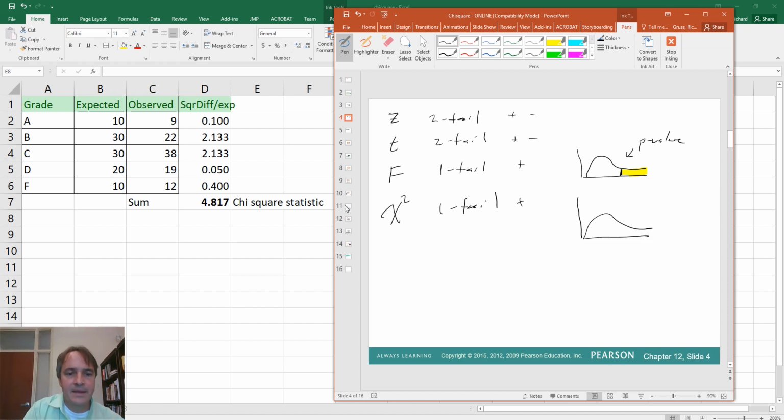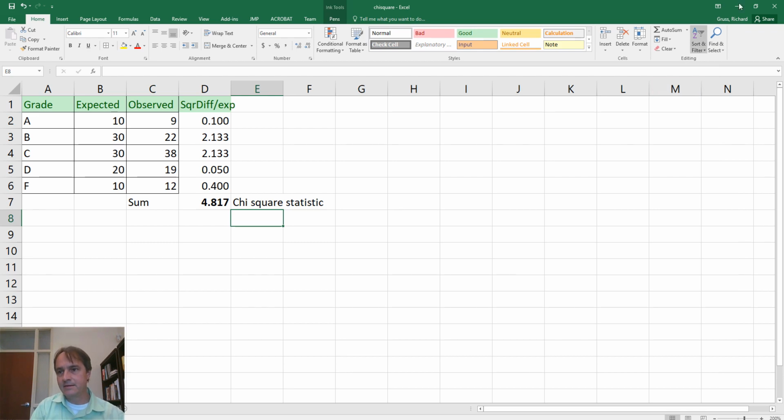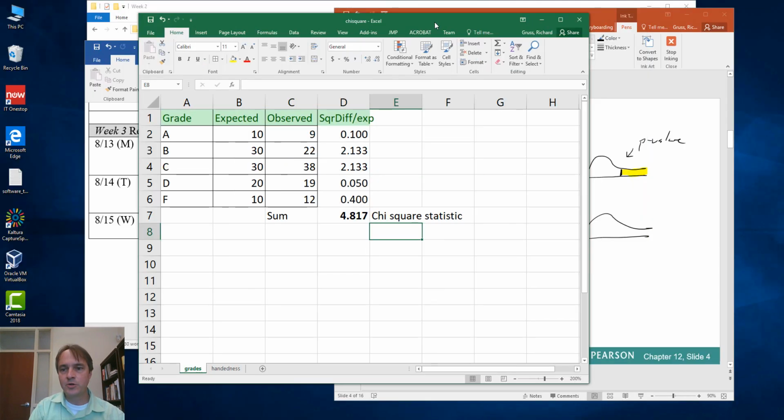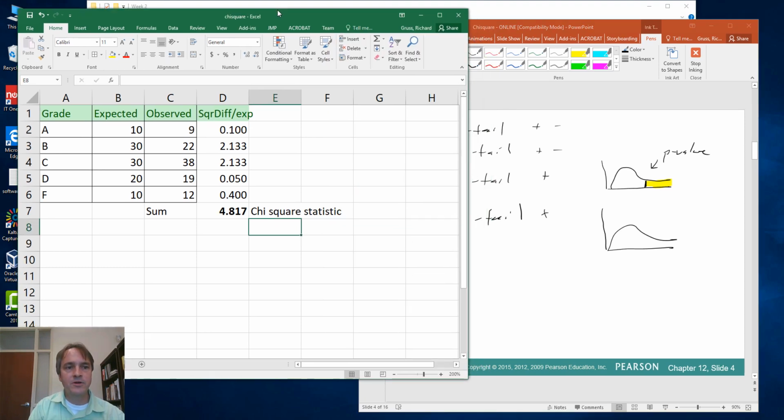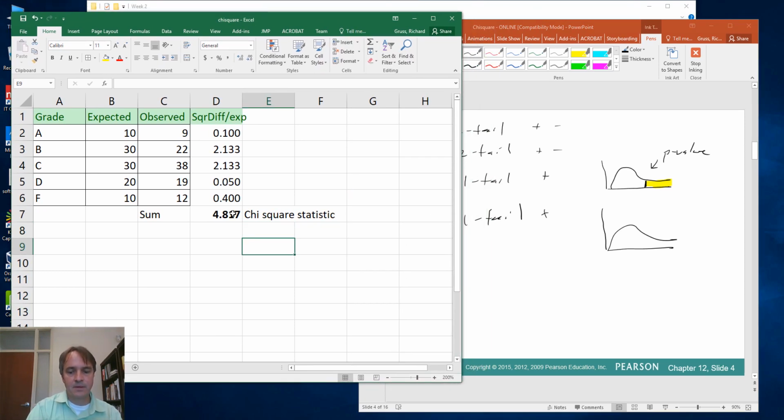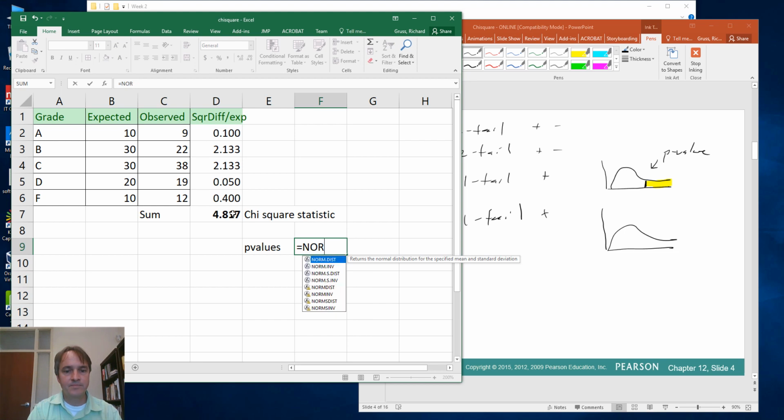Now, once again, I'm going to show in Excel just a little bit of a reminder. When we were trying to find p-values, if we were dealing with a normal, a z statistic, we did norm.dist, and this took an x value and returned probability, which is what a p-value is.